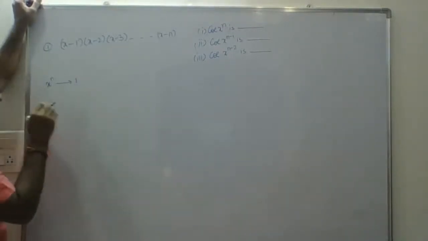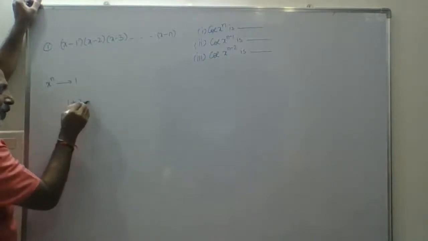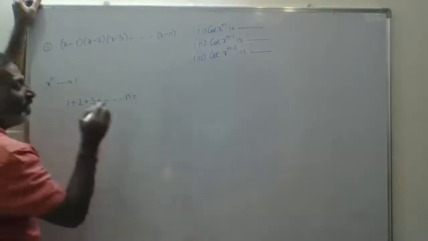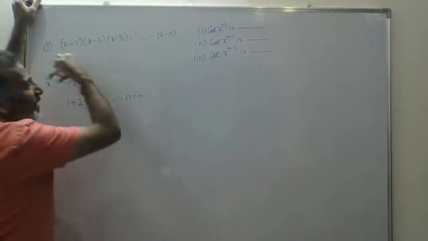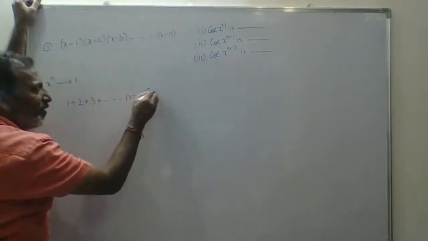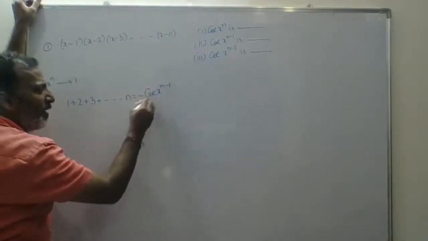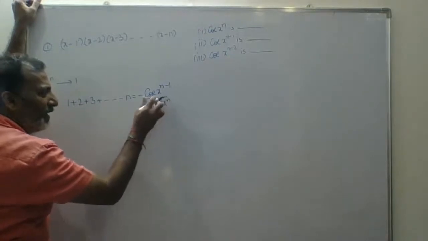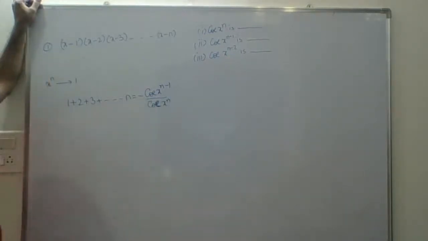Therefore, what is sum of the roots in that case? 1 plus 2 plus 3 plus so on up to n. What is sum of the roots formula? Minus coefficient of x power n minus 1 by coefficient of x power n.